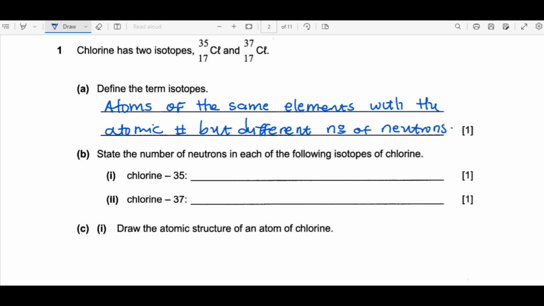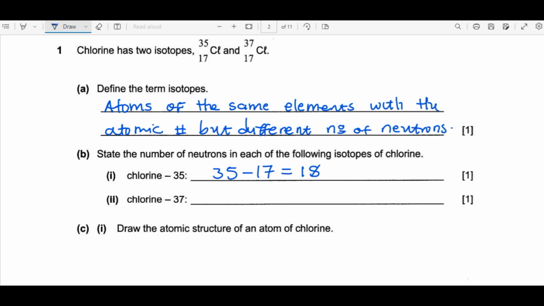So under question B, state the number of neutrons in each of the following isotopes of chlorine. So we begin with chlorine with a mass number of 35. What you do is you get the mass number, which is 35, you subtract the atomic number 17. So the first one has 18 neutrons.